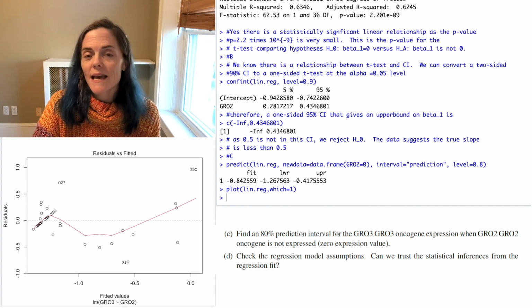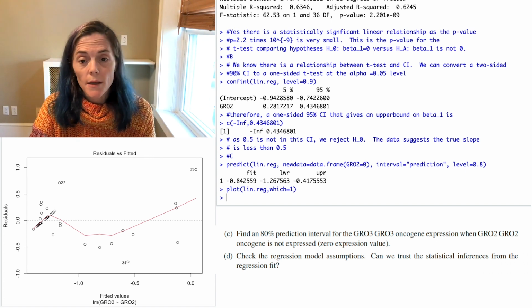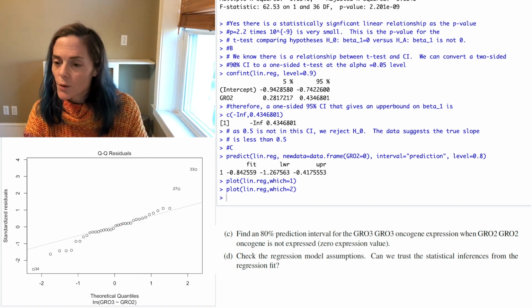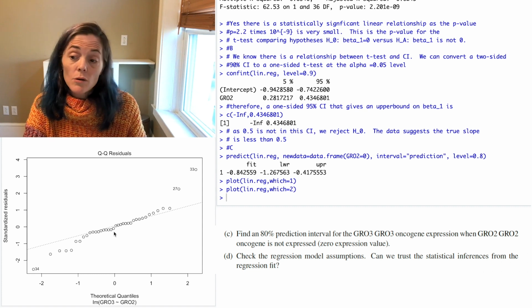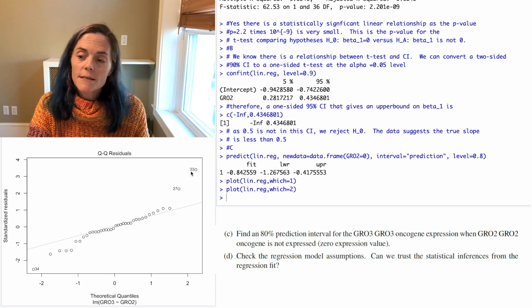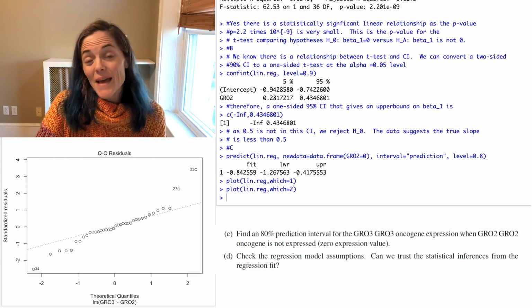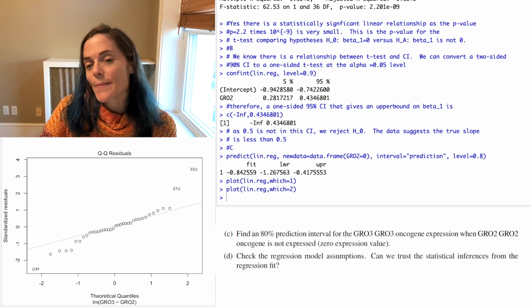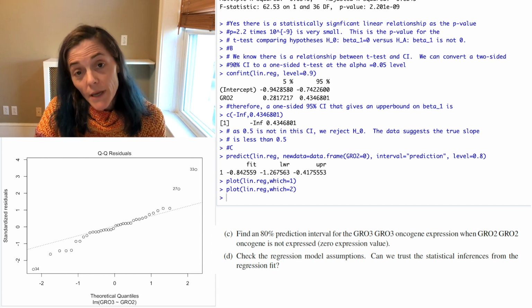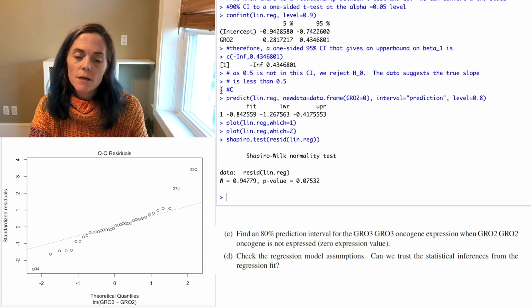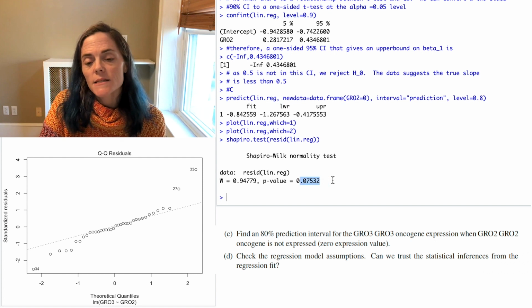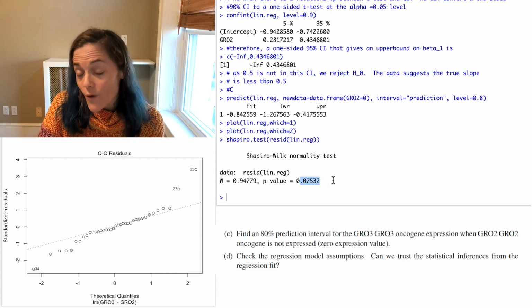Well, we can also check if the residuals are normally distributed. Here is our QQ plot. In the middle, it looks okay. On the edges, it's a little concerning. It's not the best looking QQ plot we've seen this semester. If we run a Shapiro test on the residuals, well, this is not statistically significant at the alpha's 0.05 level.